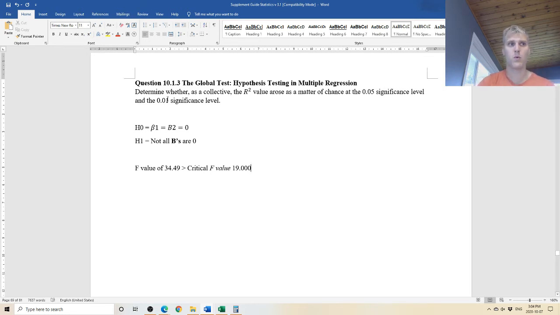Let's have a look from a 1% significance level. So our f value is going to remain the same, but we need to determine if the critical value is higher or lower. So if it's higher than our critical value, we're going to reject our null hypothesis. If it's lower than our critical value, we are going to not reject it. We're going to not have enough evidence to reject it.